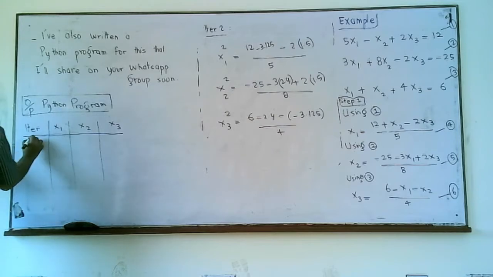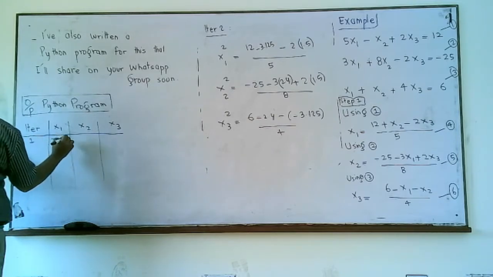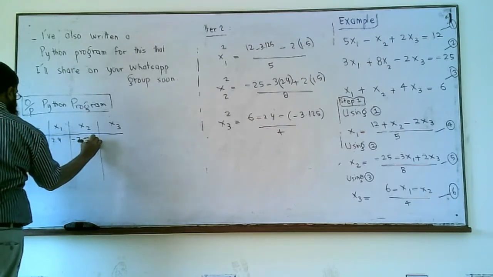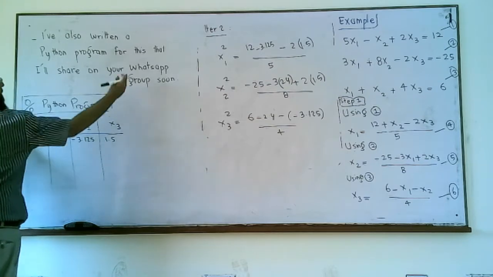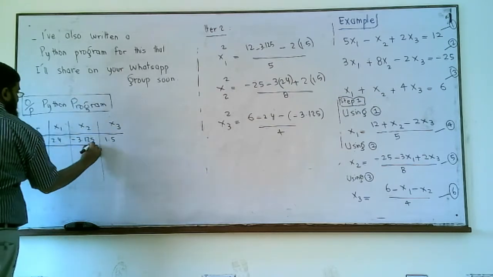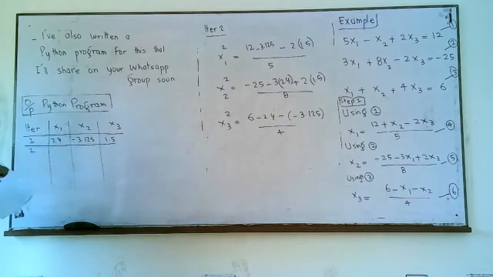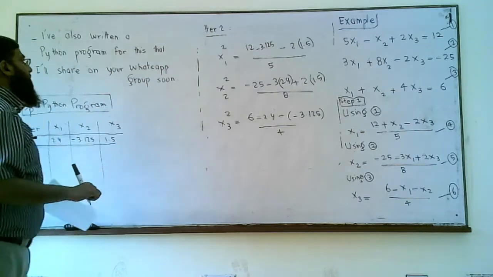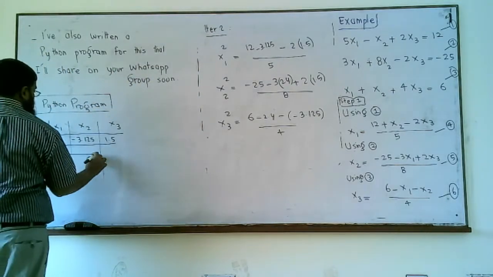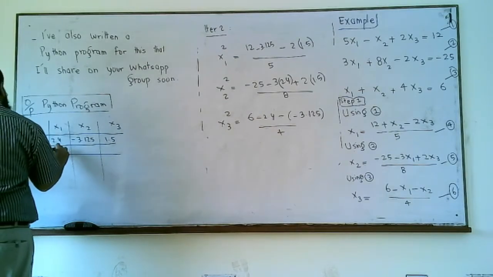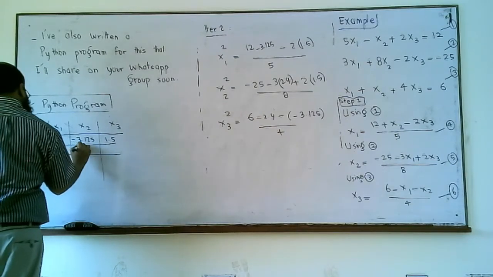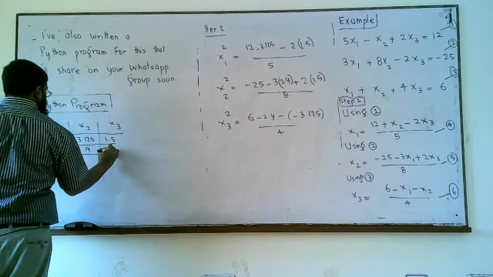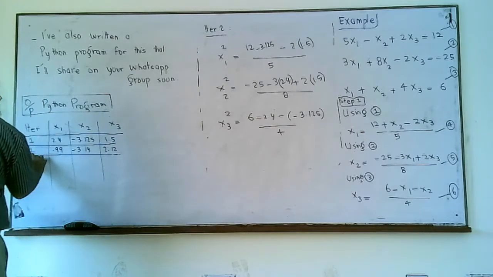At iteration number 1, this is 2.4, minus 3.125 and 1.5. The same we have just computed. At iteration number 2, these are the results: 0.99, minus 3.14, 2.12.